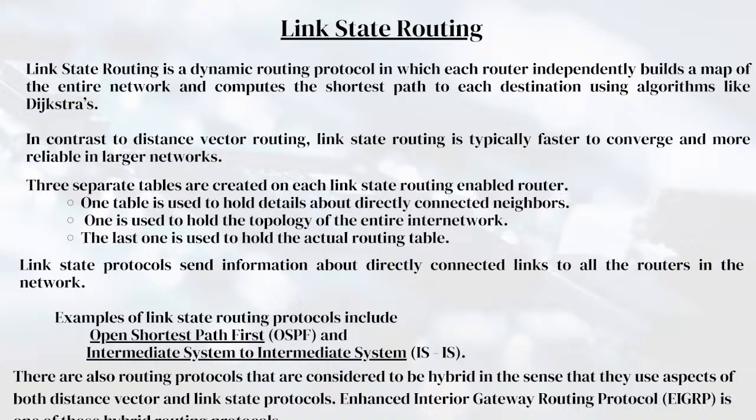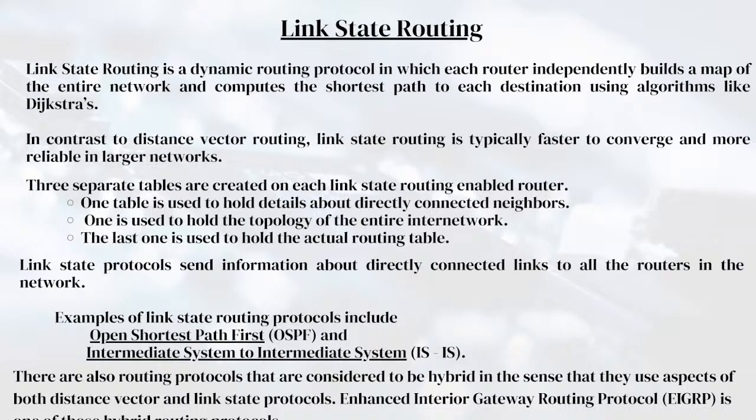One table is used to hold the details about the directly connected neighbors. The second holds the topology of the entire internetwork, and the last one holds the actual routing table. Examples of link state routing protocols are Open Shortest Path First and Intermediate System to Intermediate System.